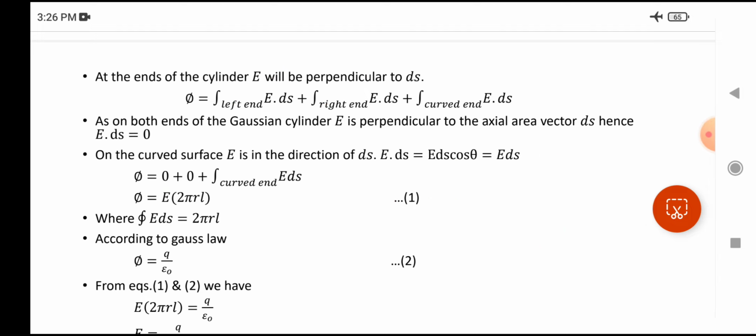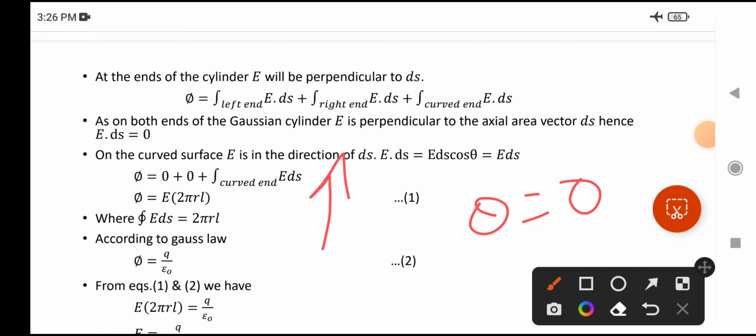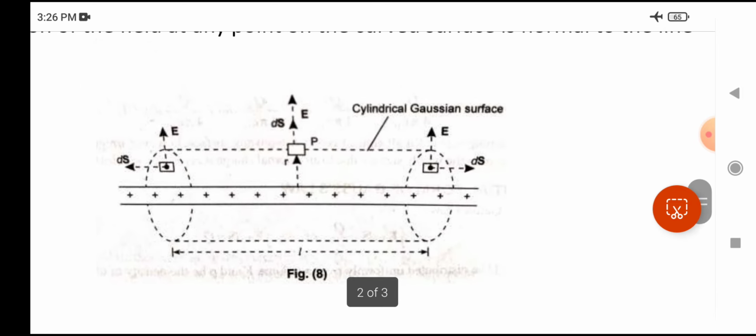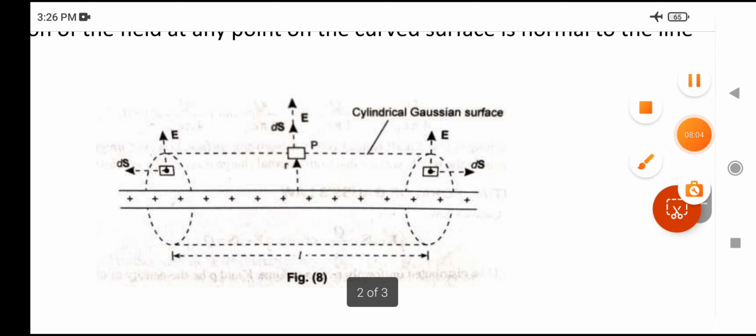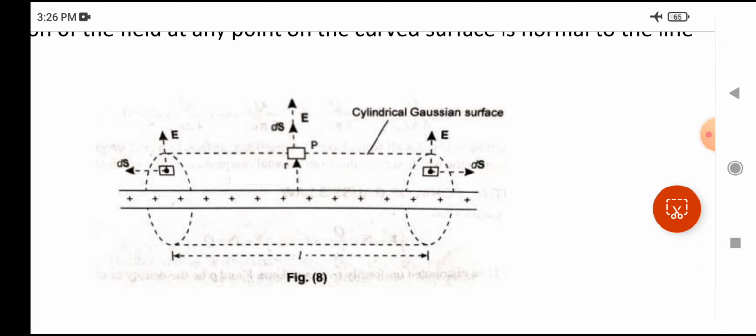Along the curved surface, what is the theta value? Theta value is 0. Why? Because on the curved surface, the electric field and the area element are both in the same direction. See the diagram once again: ds and E are in the same direction. So here theta is 0.